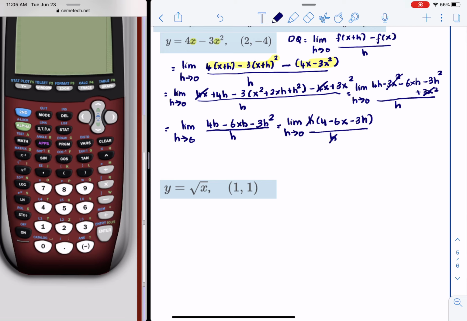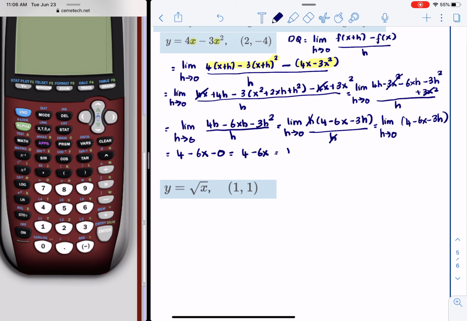Cancel the h. And now we could simply apply the limit. The first term doesn't have h in it, so it will remain as is. The second term doesn't have h in it, so it remains as is. The third term has h in it, so when we apply the limit, it goes away. 3 times 0 is 0, so we end up getting 4 minus 6x.